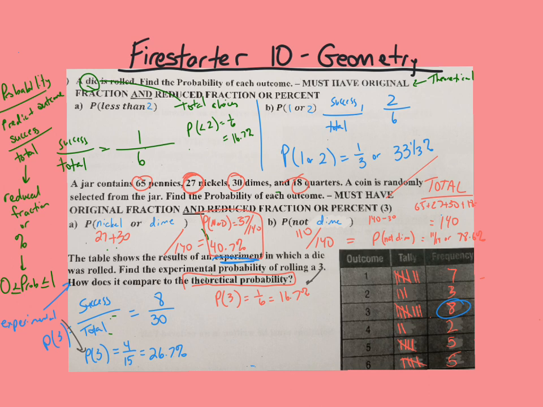This is theoretical. How does it compare? In this experiment, three overperformed by 10%. All right. So 3 did better than we expected by 10%.